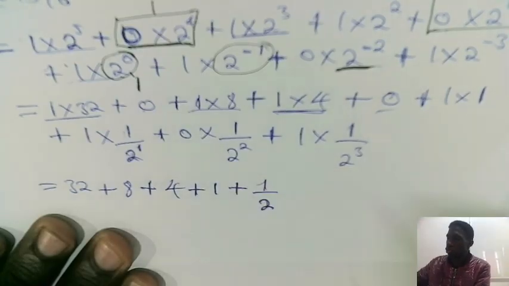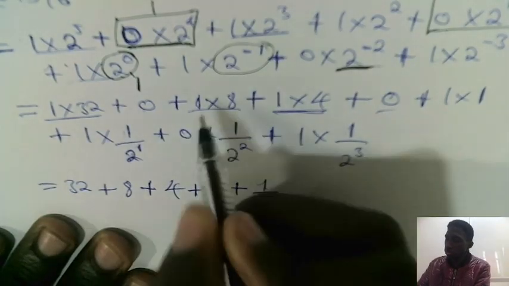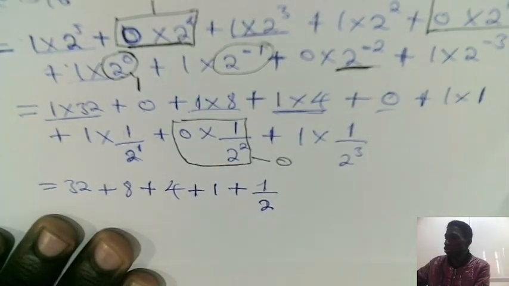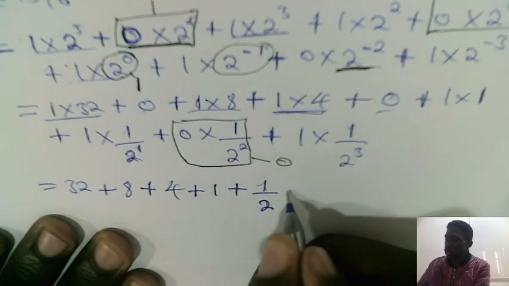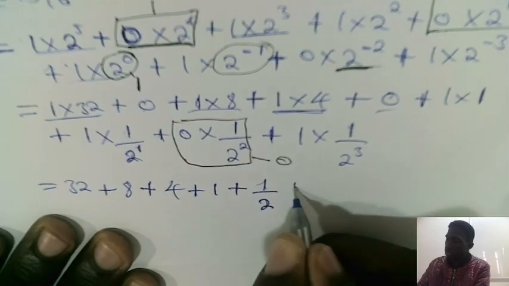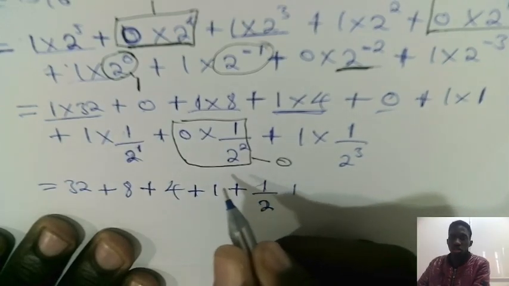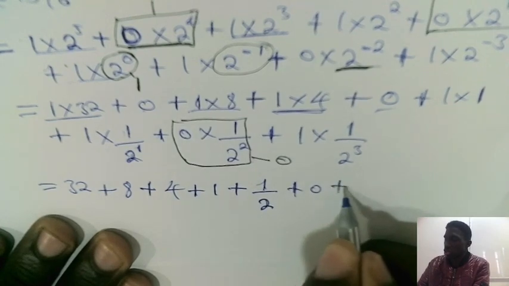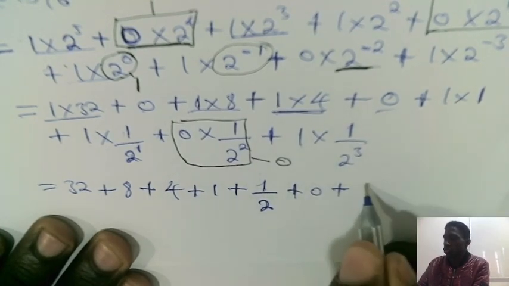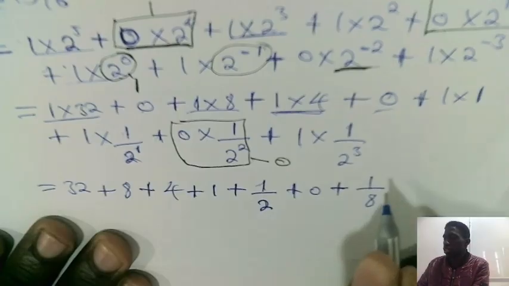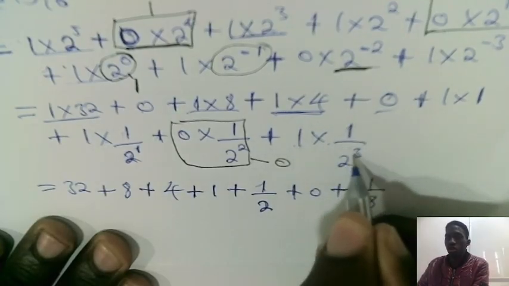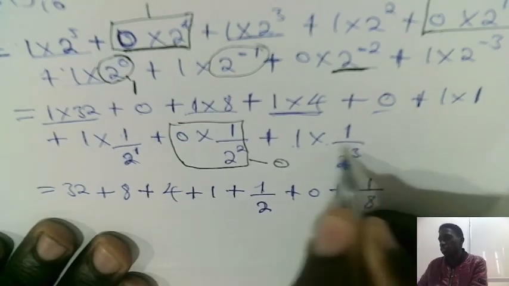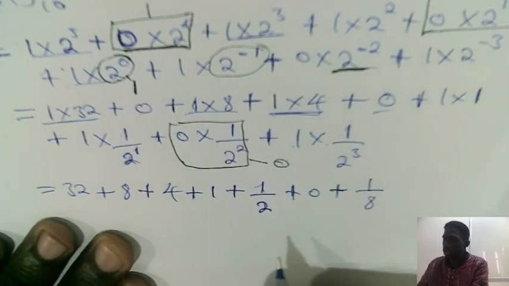This becomes 0, so it's not really necessary to write it. Then 1 times 1 over 2 to the power 3. 2 to the power 3 is 8, so it is 1 over 8.